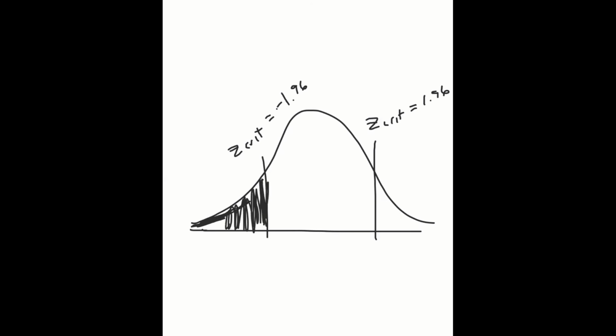Alpha is going to represent everything in the tails of this distribution. Okay, so we can say alpha equals 0.05 equals 5%.